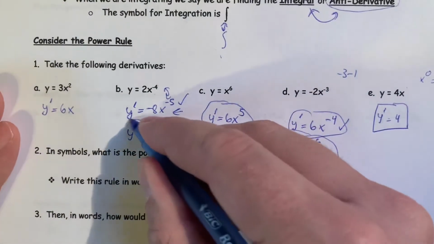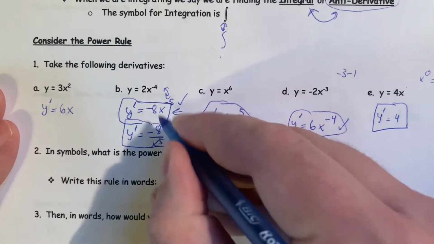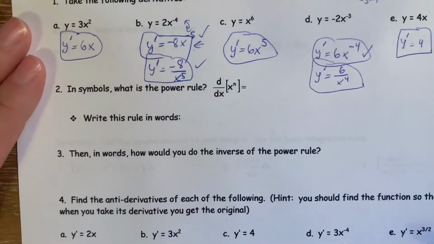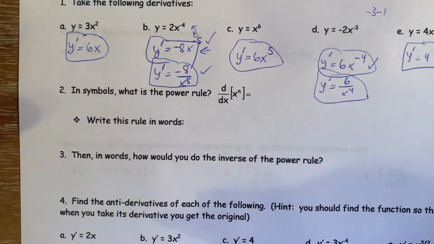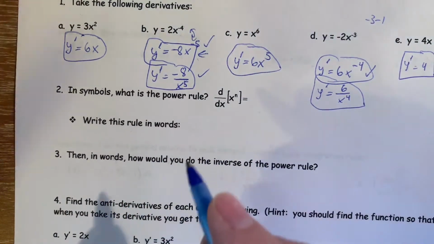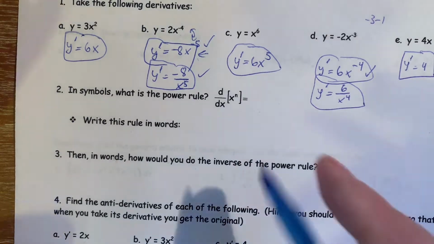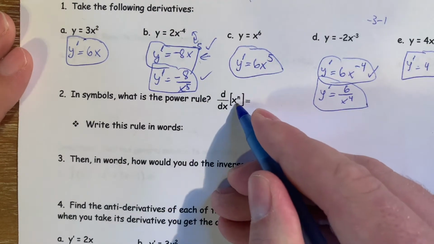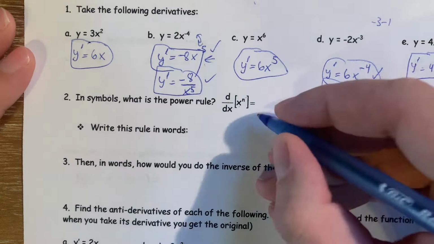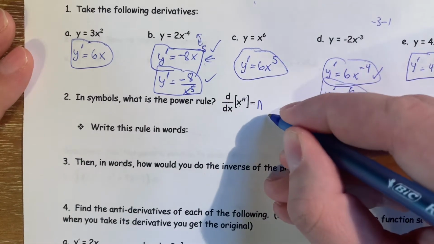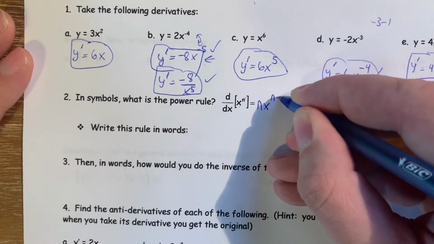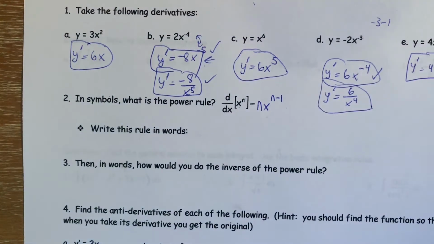Okay, so hopefully we're feeling good about the power rule, and we can write out in symbols what this means. How do you find which of these is the correct power rule? And hopefully we know that the derivative of x to the n power is you multiply by the power and you lower the power by 1.